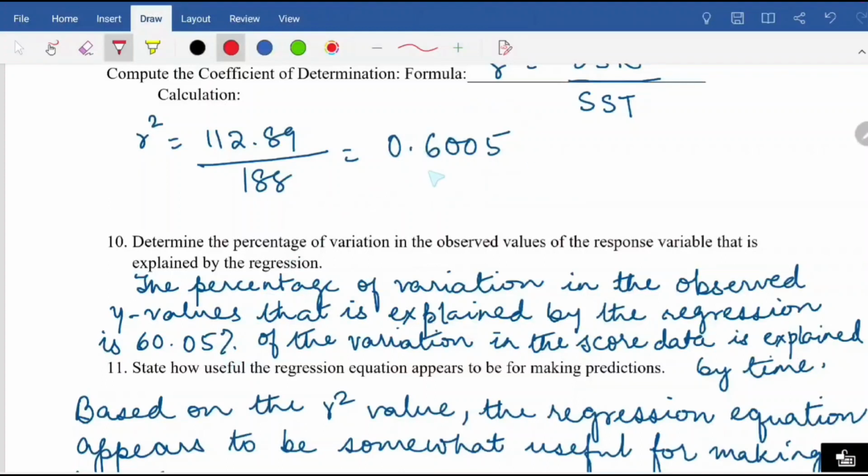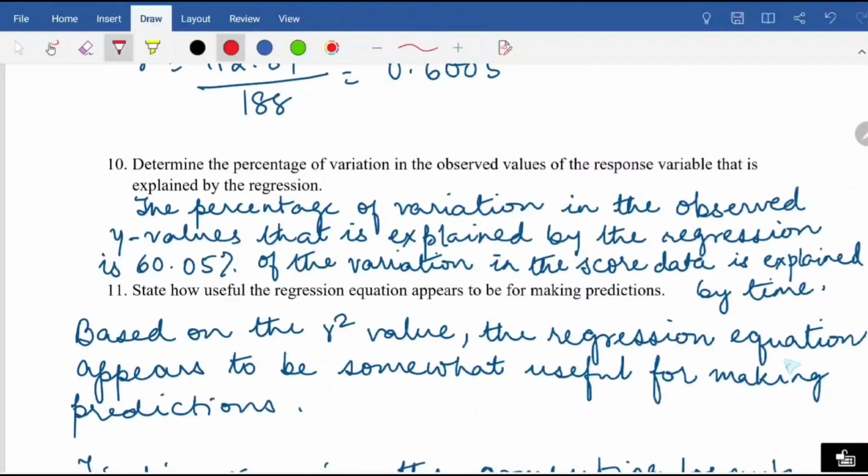It's 0.6005 converted to percentage of the variation in the score data is explained by the hours, that's a better way of putting it, or you can say by the regression.